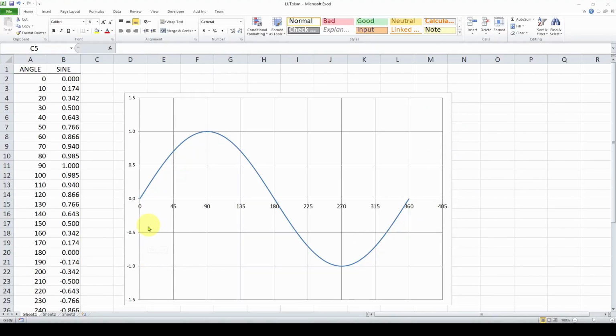Now, thankfully, in most programming languages and areas where you need to calculate sine wave values, they already have built-in functions that will do that for you. But under the hood, sometimes they're using a lookup table where they've previously pre-calculated the sine wave values using some fairly complex calculations.